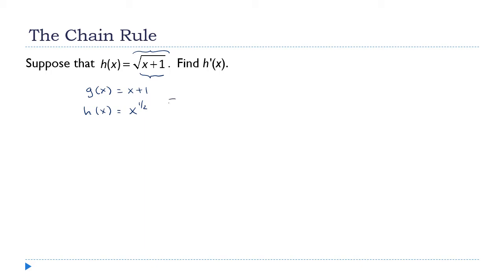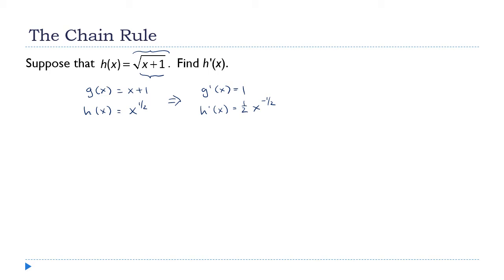Okay, so then the derivatives of these things, g prime of x is 1, and h prime of x is 1/2 x to the negative 1/2. I'm going to leave it like that for now. Sometimes I'll simplify as we go along. Sometimes I'll just leave it and hope things get clean at the end.